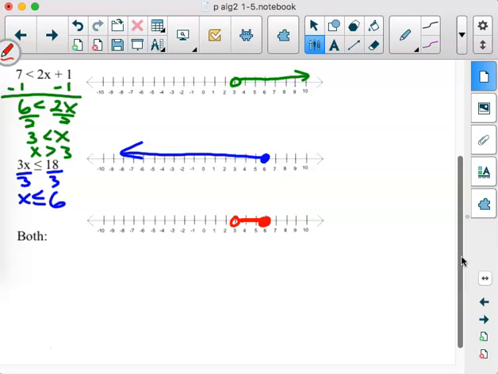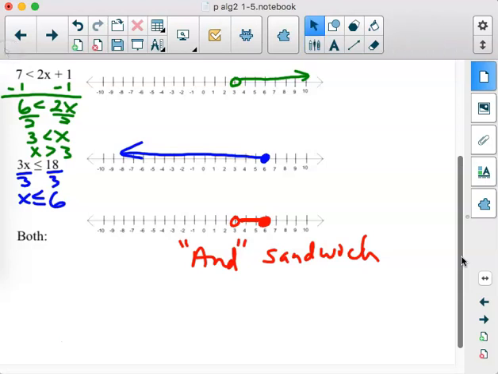Now I look at that, and I want you to think of that as what I call an and sandwich. Do you see how and is in the word sandwich? Take off the S, it's right there, A-N-D. So this is an and sandwich. Our dots are the bread.